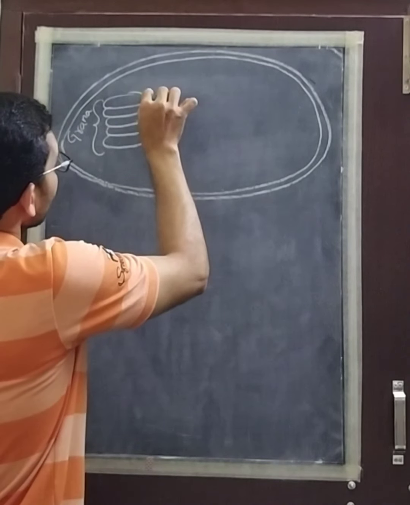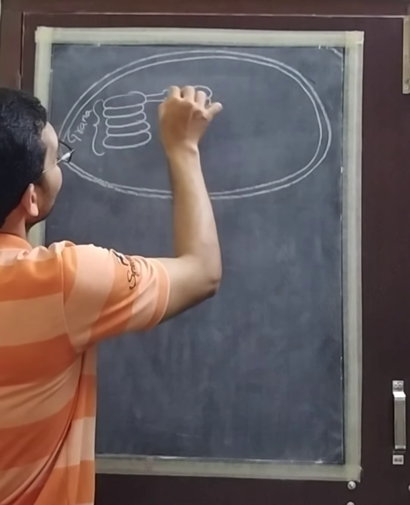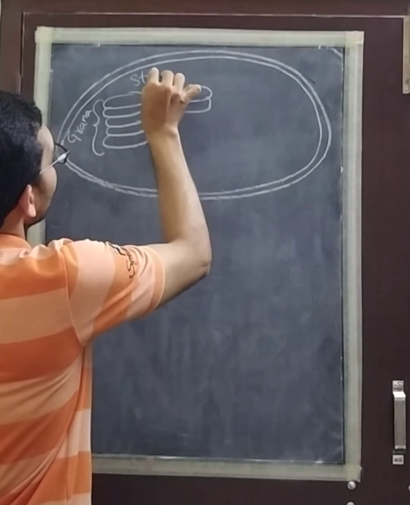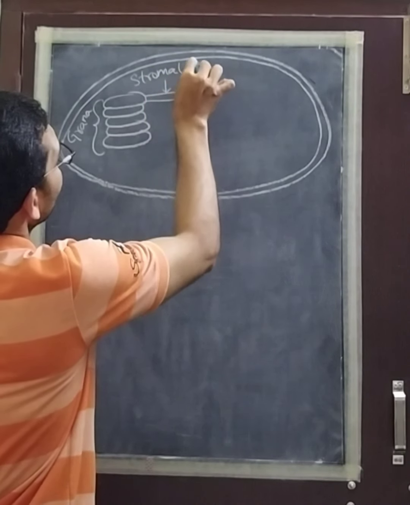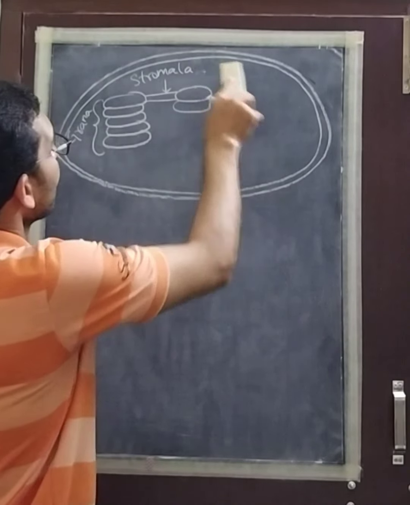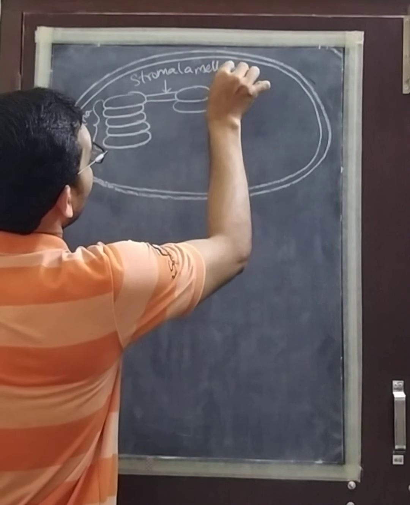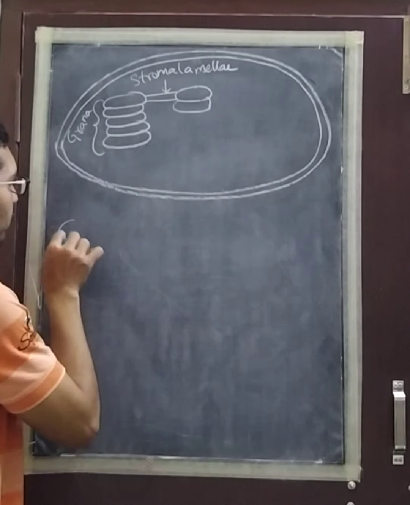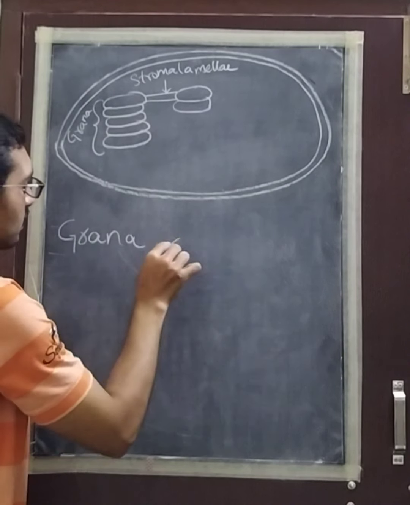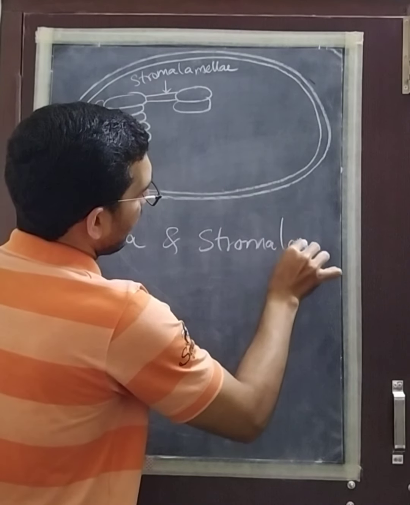These grana are connected to each other with the help of stroma lamellae. So we see membrane bound structures, that is grana and stroma lamellae.